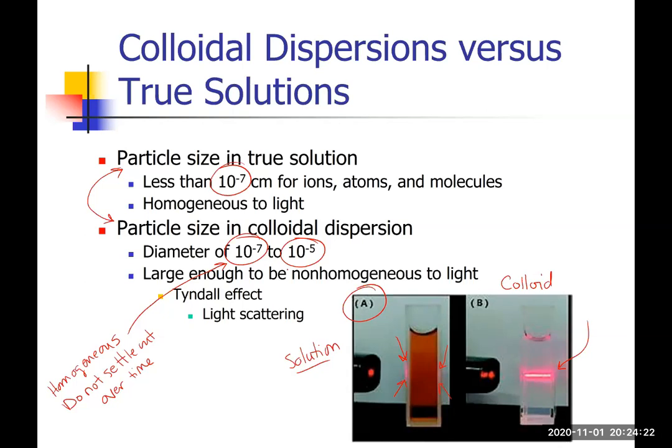But those folks who are looking at a colloid with particle size of 10 to the minus 5 are going to say that colloids are heterogeneous, and they're going to say that given long periods of time, the particles will settle out.